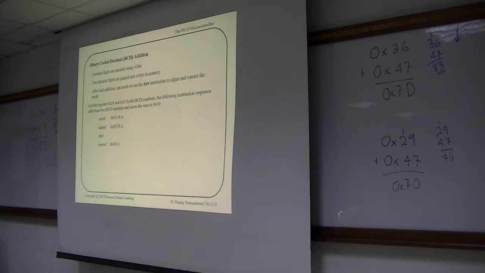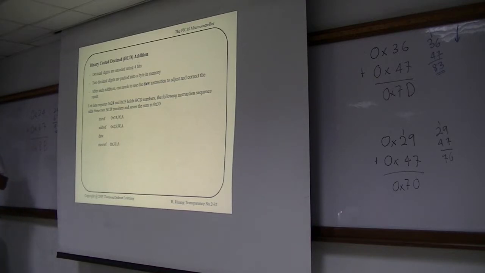Okay, we want to solve decimal numbers and we are using hex. What is the difference between these two? How much is the difference between decimal and hex? 6. So there are two conditions. Decimal adjust means you will be adding hex 6 to the number. You have to add 6 to get the correct answer.